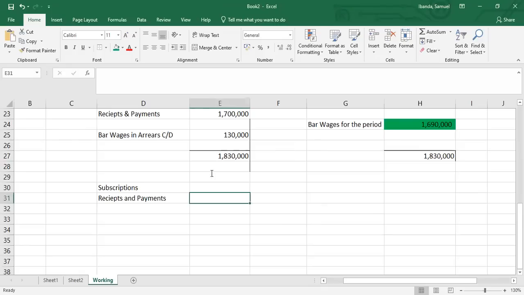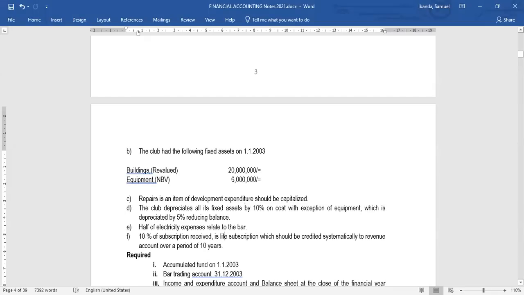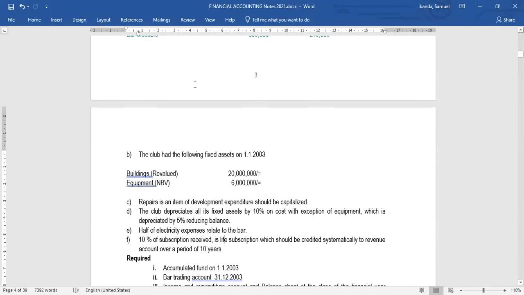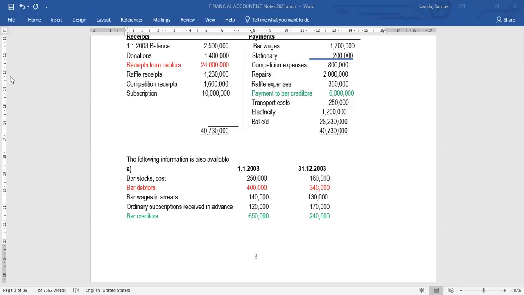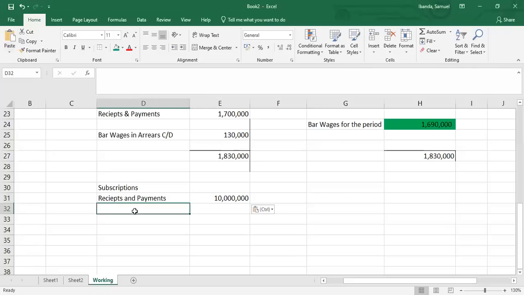Under receipts and payments, what I have as provided to me is 10 million. So I'll record my 10 million right there. They are telling me that 10% of this is life subscription.